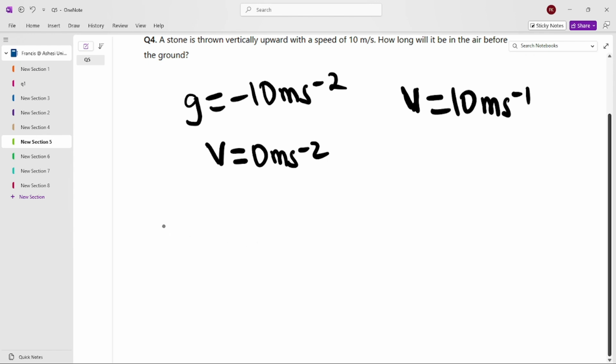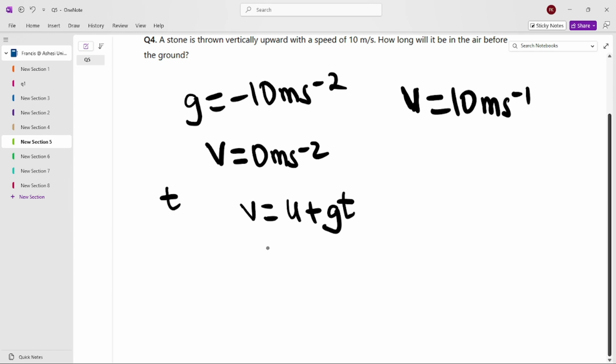So that's small t, right? Yes. So which equation are we using? We are using the first equation, which is v is equal to u plus at.